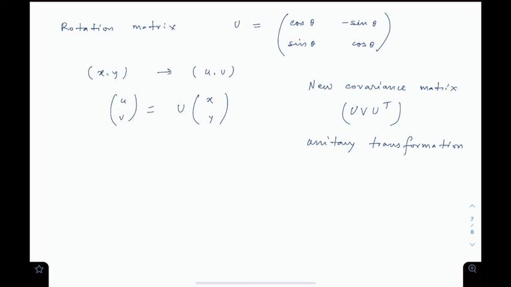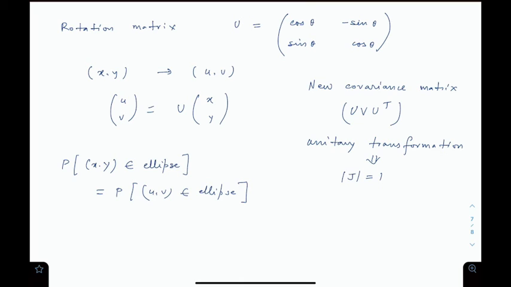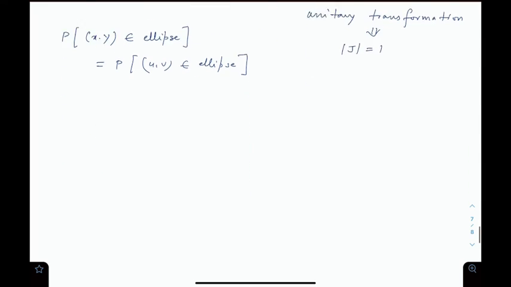So therefore, the probability that x comma y lies inside the ellipse is equal to the probability that u comma v lies inside the ellipse. The standard deviations of u and v are found from the transformed covariance matrix, and after some algebra, these can be shown to have the following forms.